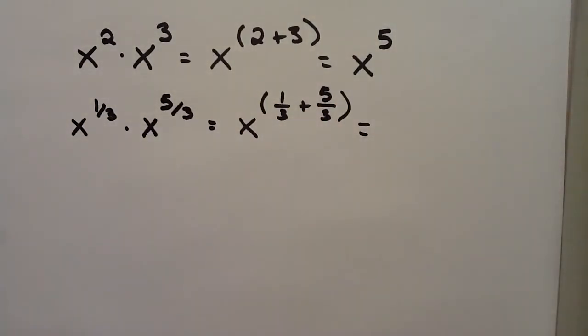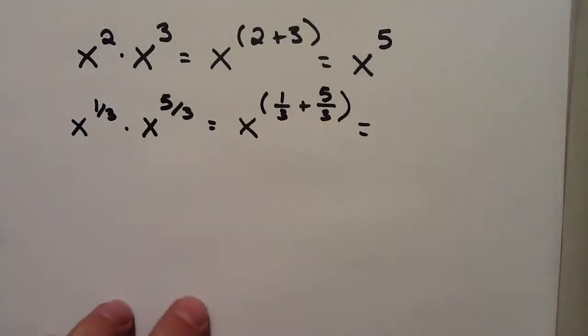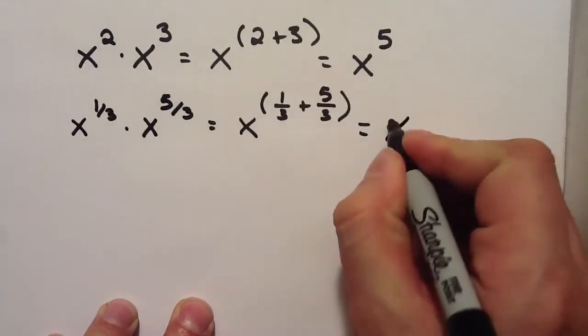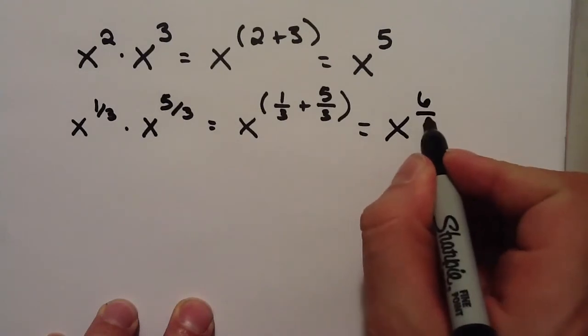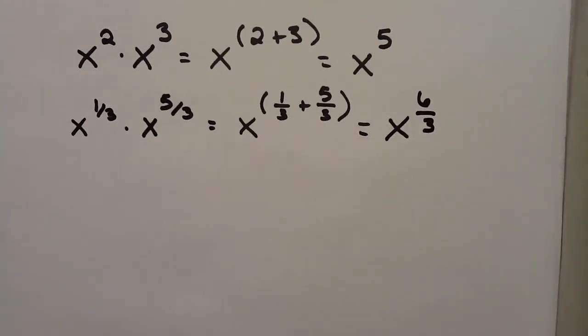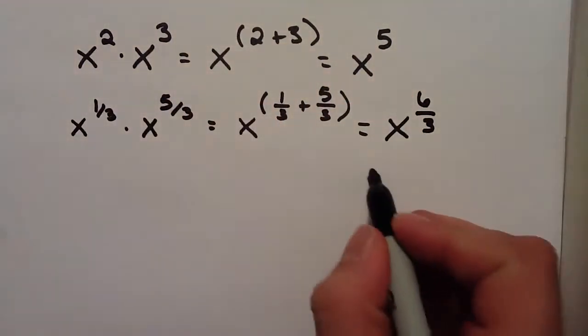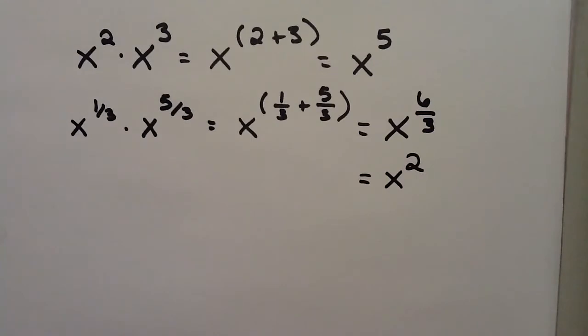Now when I'm adding fractions, I want to make sure that I have the same denominator. If I have the same denominator, then I just add the top. 1 plus 5 gives me a 6. And then I keep the denominator, 3. And if I look to see if I can simplify, 6/3 just gives me a 2. So I simplify this to be x squared.